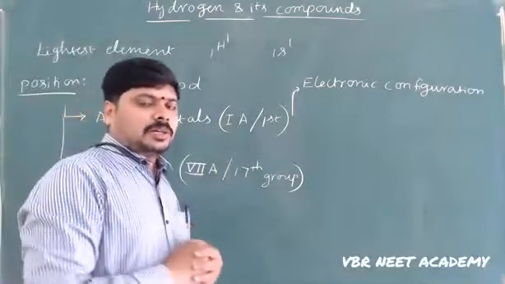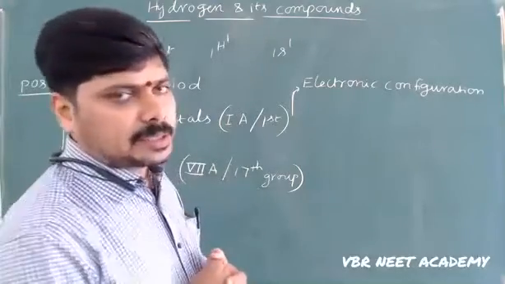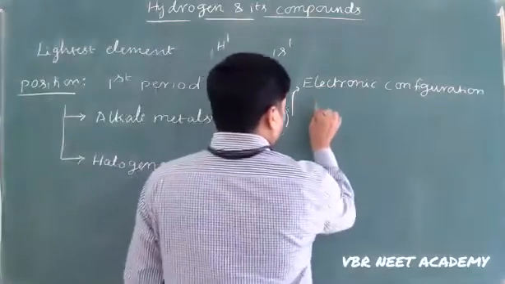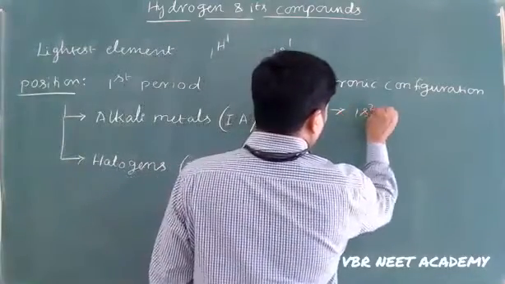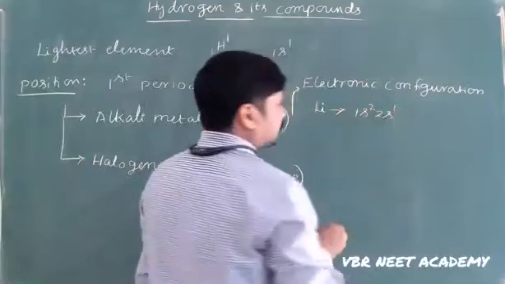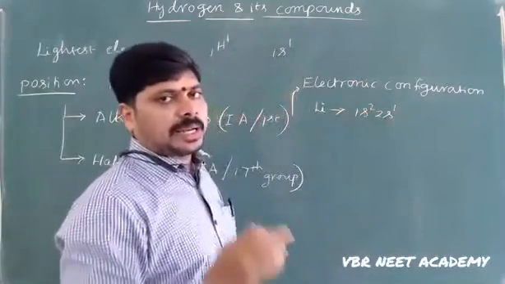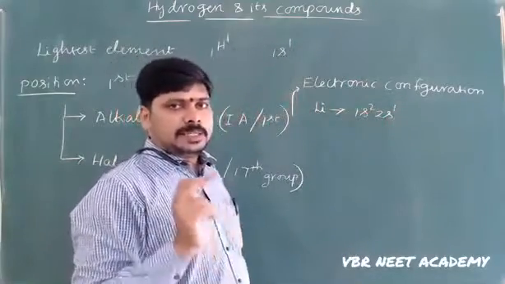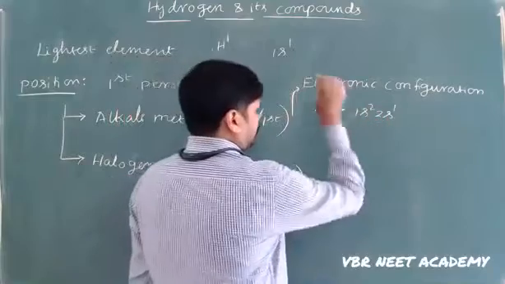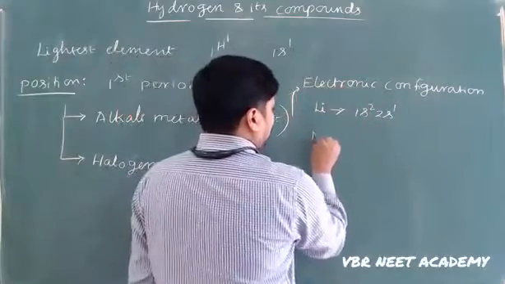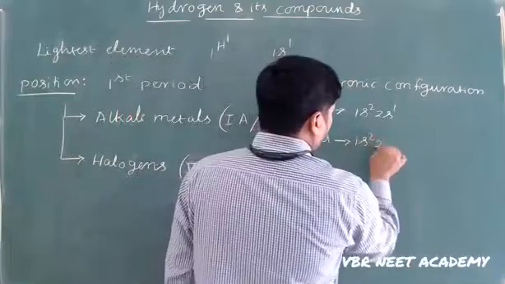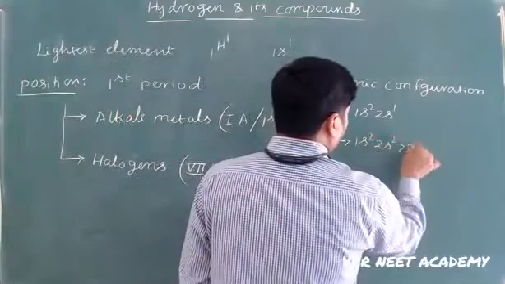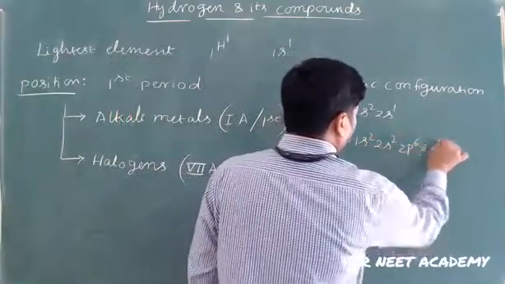What is the electronic configuration of our alkali metals? First I am going to take lithium. What is the electronic configuration? 1s2, 2s1. So this is the electronic configuration of lithium, 1s2, 2s1. If I take the next alkali metal, sodium, 1s2, 2s2, 2p6, 3s1.